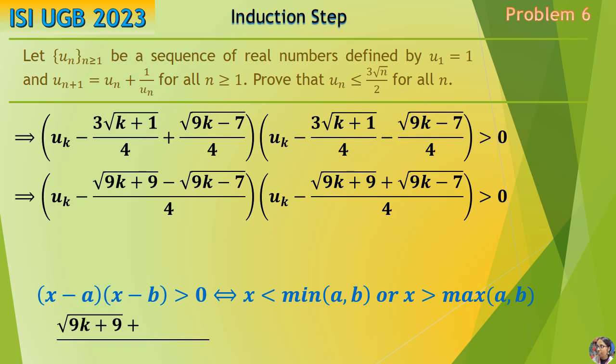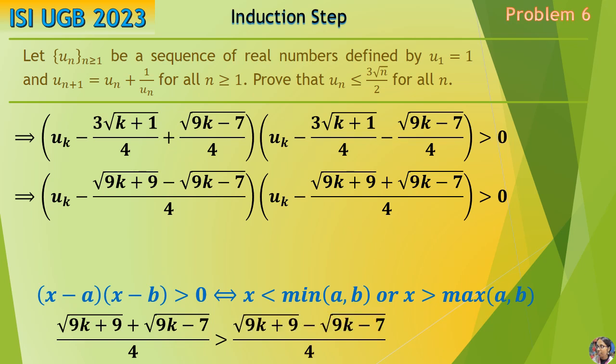Now square root of 9k plus 1 plus square root of 9k minus 7 by 4 greater than square root of 9k plus 9 minus square root of 9k minus 7 by 4.